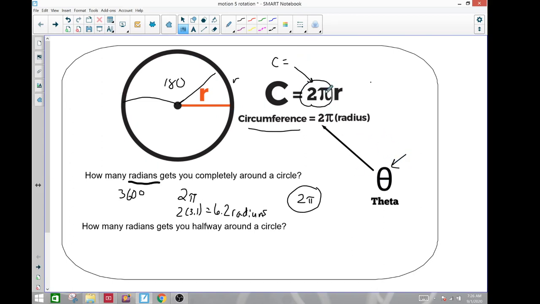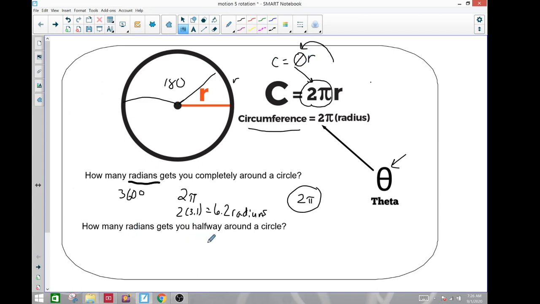So I could take the 2 pi out and say theta is my radians around the circle, times r. Now this is a much more useful formula because I can put in whatever radians I want.